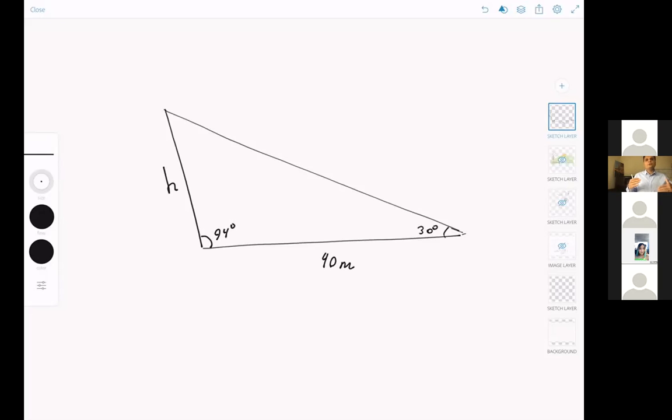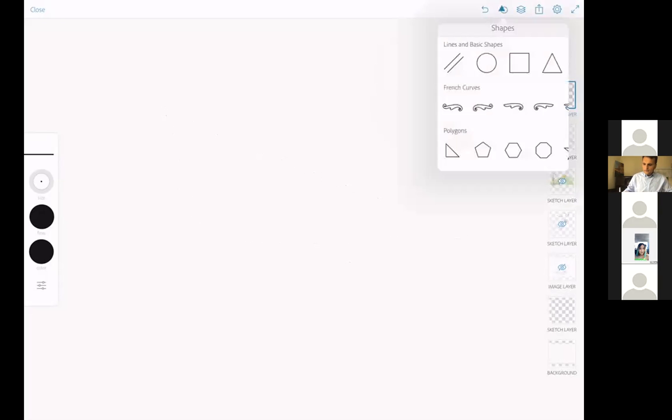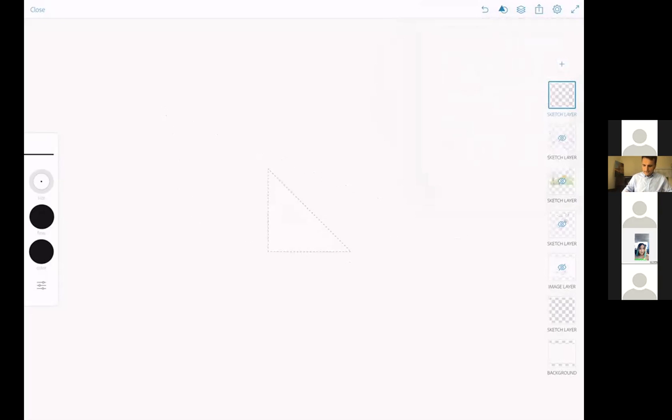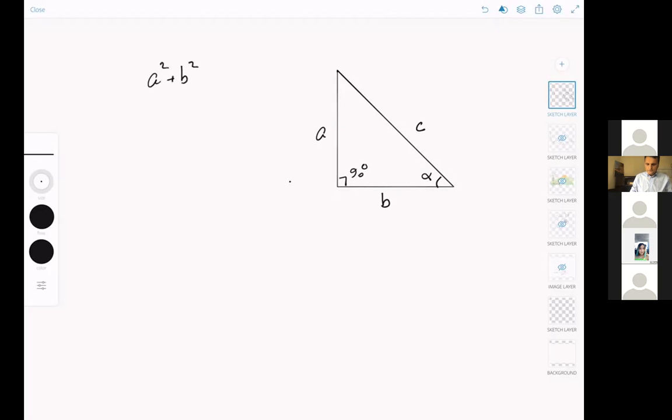In your note sheet, you need to navigate to the part of the notes about how to solve a triangle. If we have a right triangle, I mean that's 90 degrees, and this is alpha, I'm going to call these A, B, C. We are able to use the Pythagorean theorem.